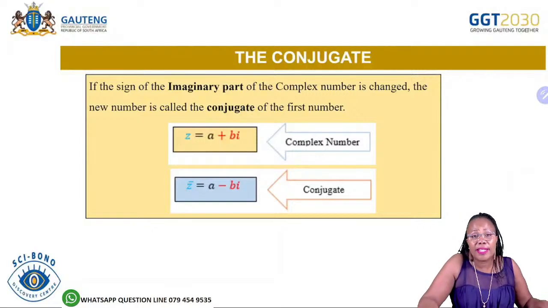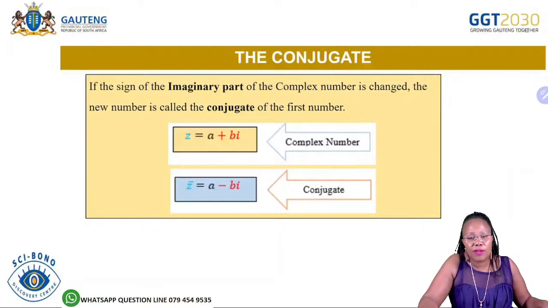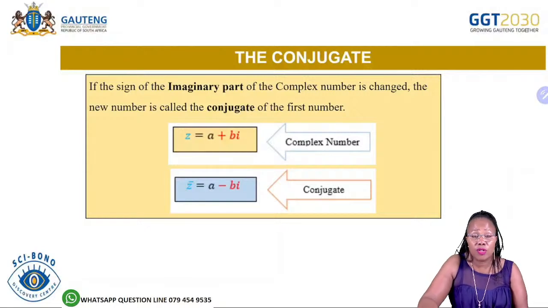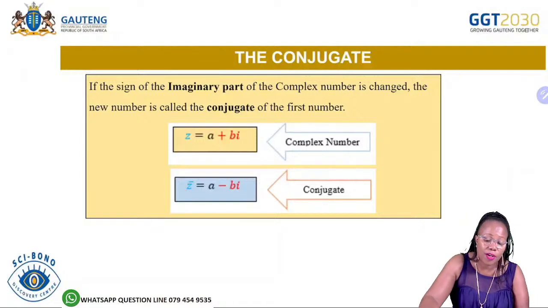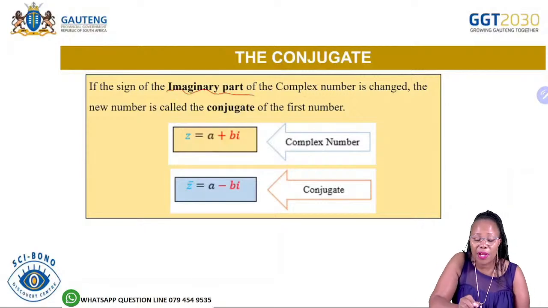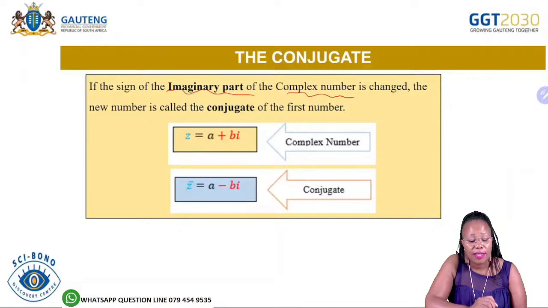We have suspended the division because division has more of a relationship with the conjugate. We will bring that later on as we are doing the conjugate now. What is a conjugate? A conjugate: if the sign of the imaginary part of a complex number is changed, the new number is called a conjugate.